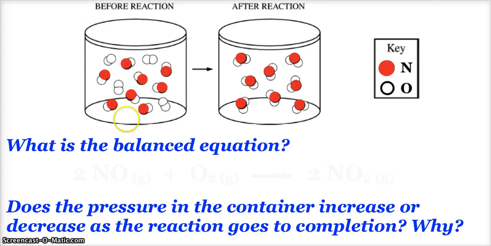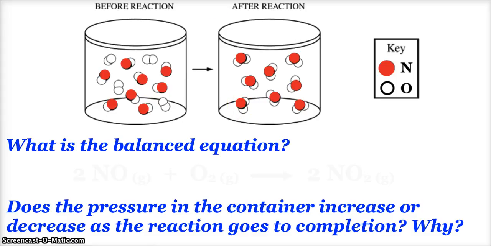When I see a particle problem, I typically need to count the particles. I see that I have 4 O2 molecules and 8 NOs. So I have twice as many NOs as I do O2. And then over here, I have 8 NO2s. So I have the same number of NOs and NO2s.